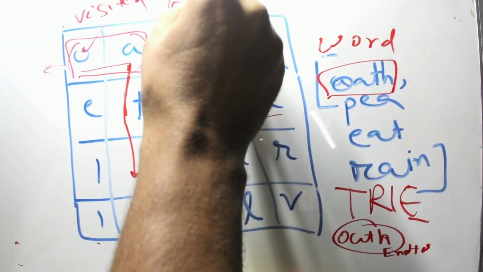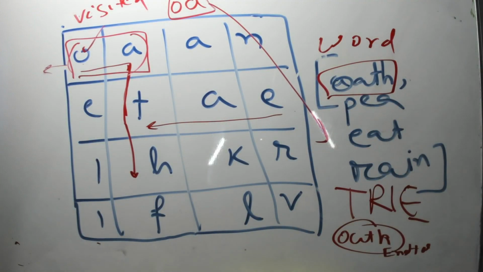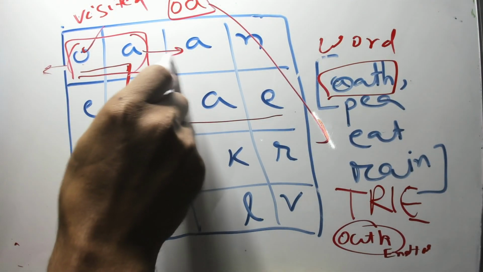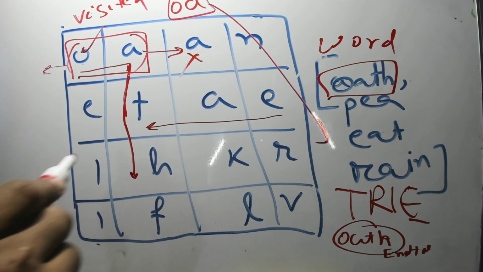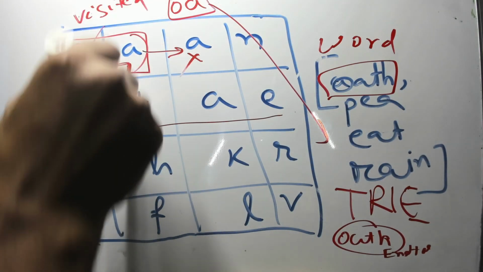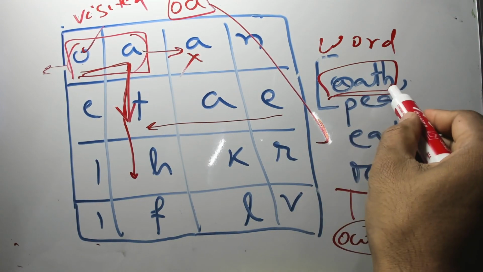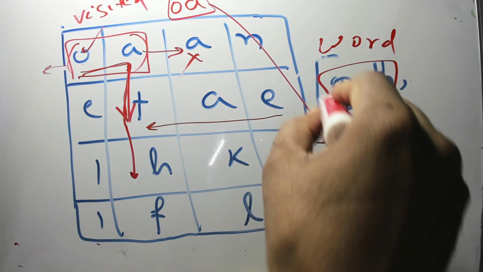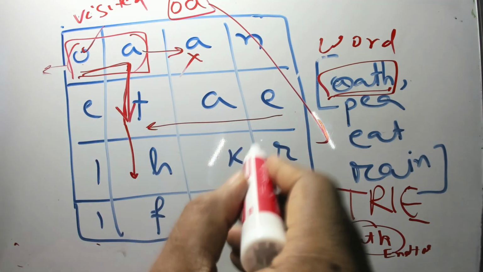Now when it searches for oa in the trie, it will find it. Then when it goes to oaa, it will not find it, but when it goes to oat in the down direction, it's going to find it in our trie, right? And then it's going to move to another one.